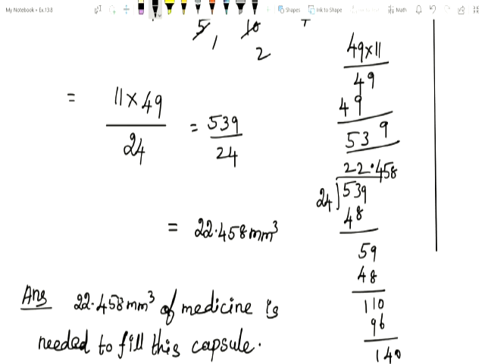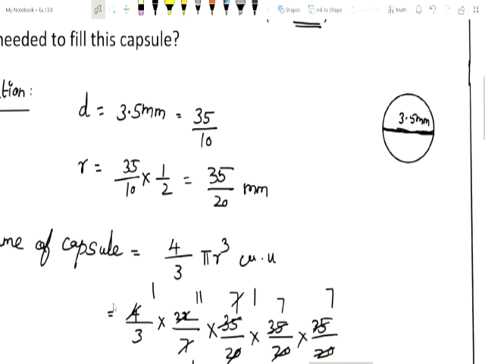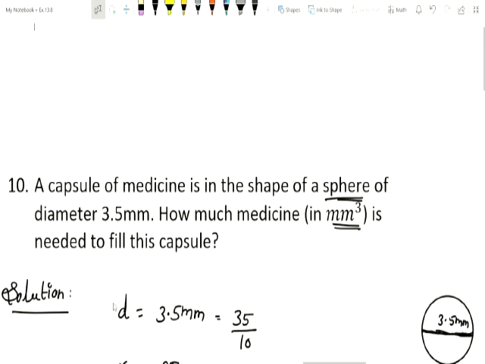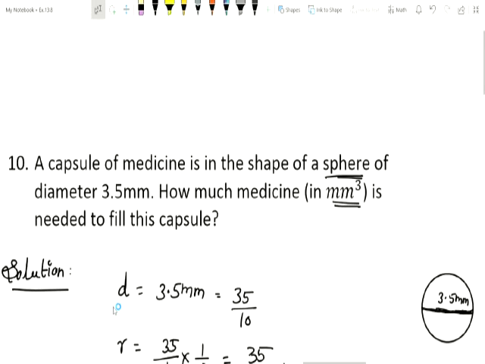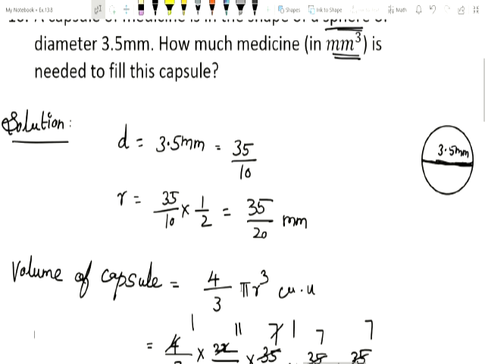Do you understand, children? Here the diameter is given. First we found the radius, after that we found the capacity of the capsule. Diameter equals 3.5 millimeter, so we converted it into 35 by 10. Next, radius equals half of diameter, so we get 35 by 20.